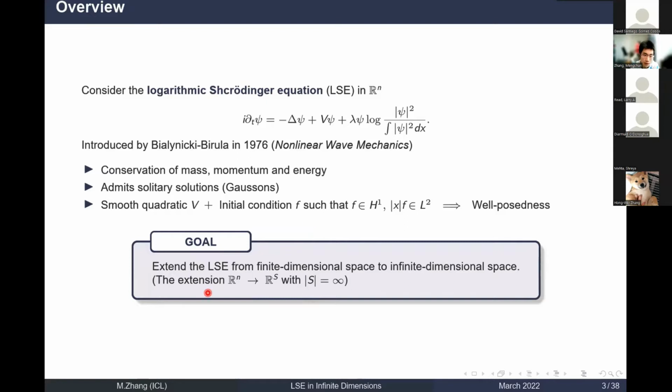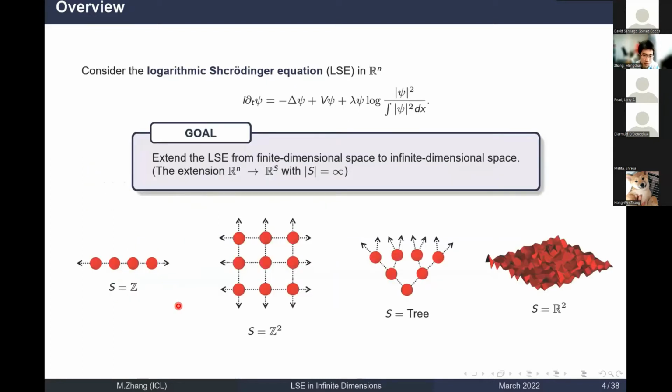For example, if S is Z, then you have a kind of string of particles. And if you have a two-dimensional or higher dimensional lattice, you have a kind of plane or cube. But if S is a tree, things will be more tricky because the number of particles will grow exponentially with each layer. And if S is continuous, for example R^2, then you have some continuous field, for example the Gaussian random field.